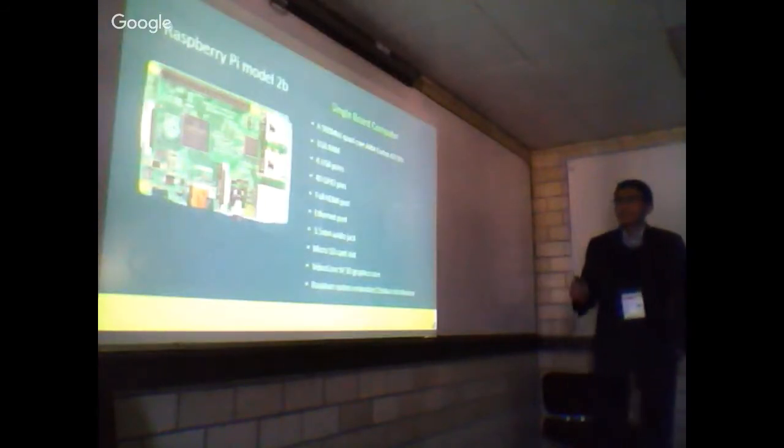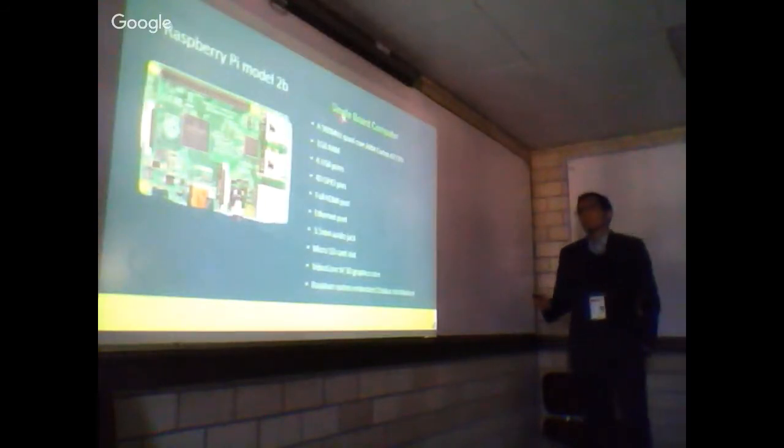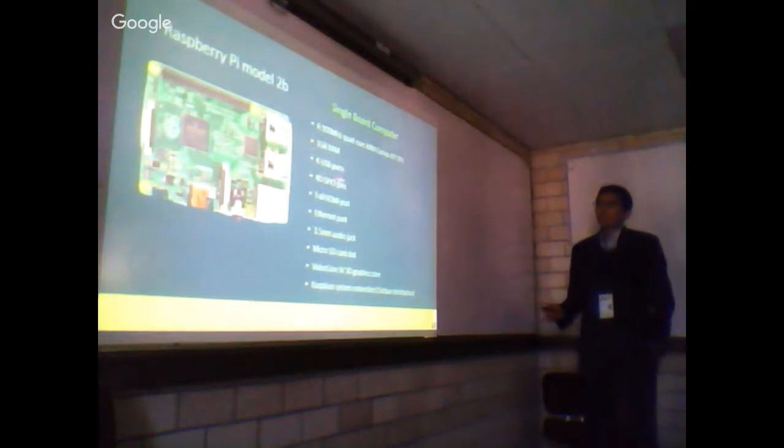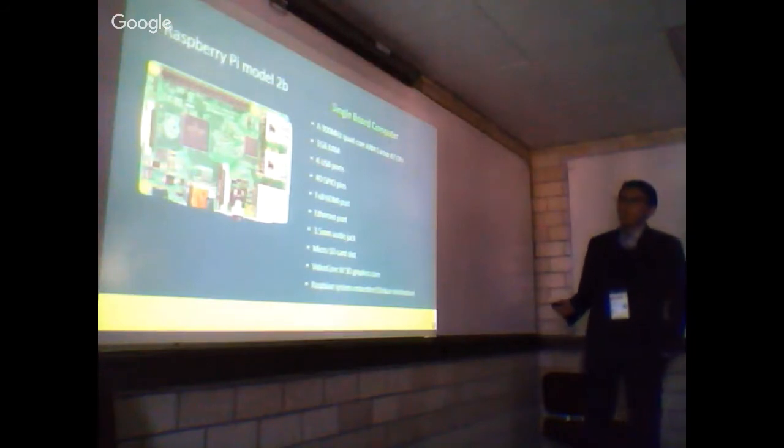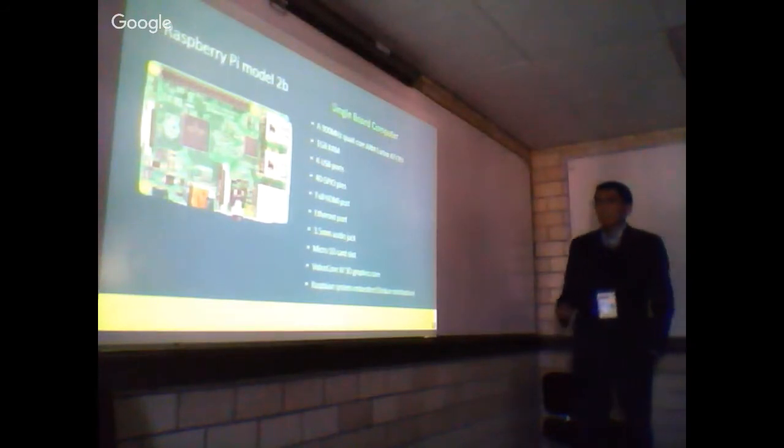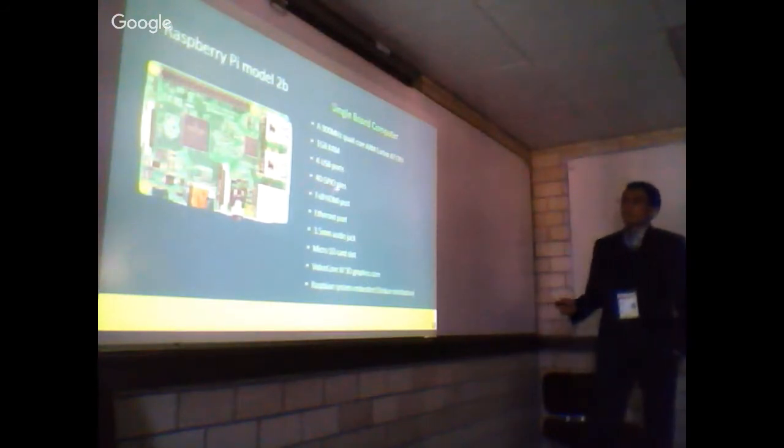The characteristics of the Raspberry Pi, known as a single-board computer: it has almost a gigahertz processor, a gigabyte of RAM, four USB ports where we can connect a mouse or a keyboard and a communication peripheral, and 40 GPIO pins where we connect the camera.